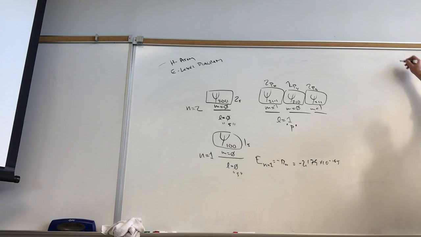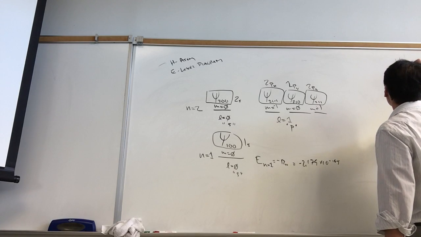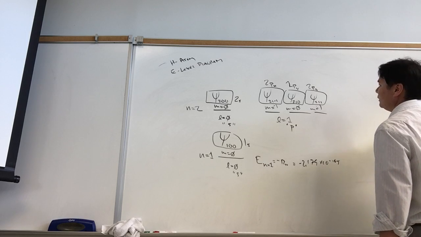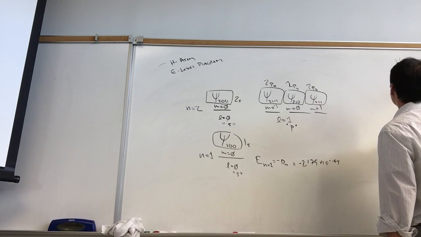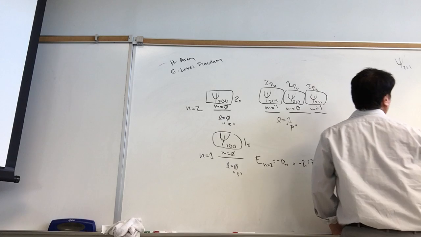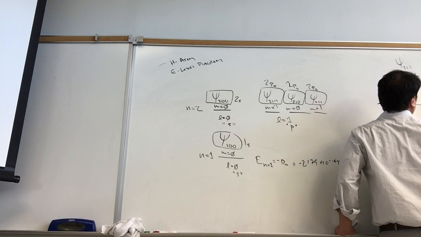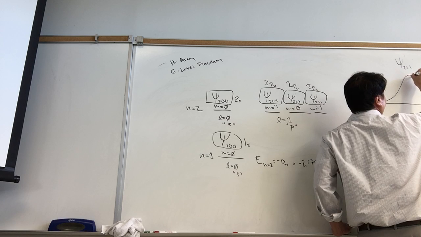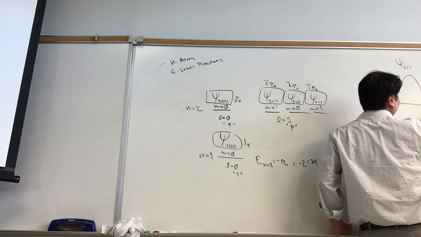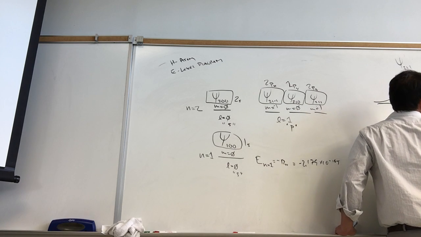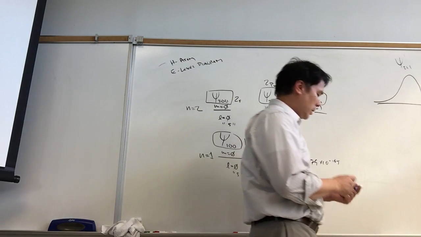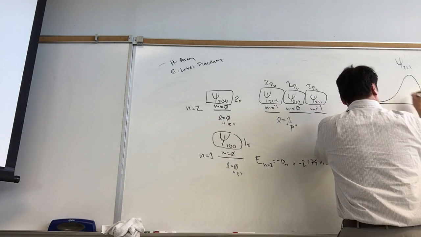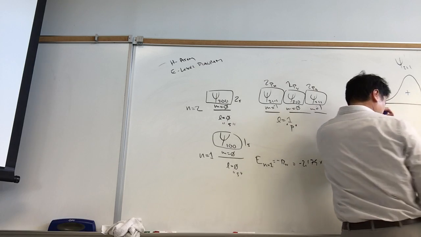When we look at the wave function for, let's say, a 2,1 orbital, it's going to look like this, where there'll be 0 amplitude here, positive amplitude here, negative amplitude here.